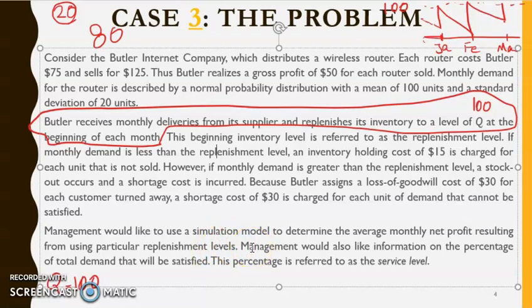Management would also like information on the percentage of total demand that will be satisfied. This percentage is referred to as the service level.